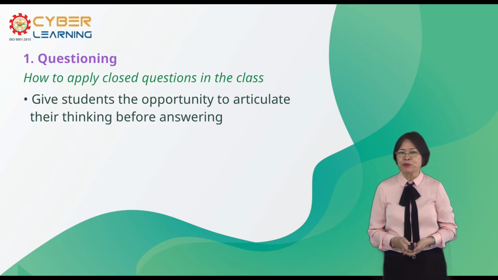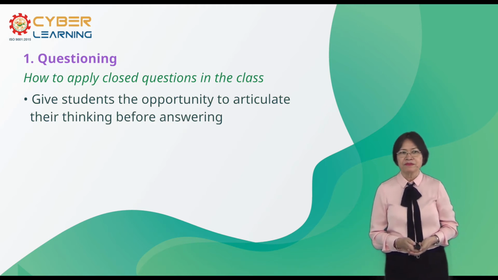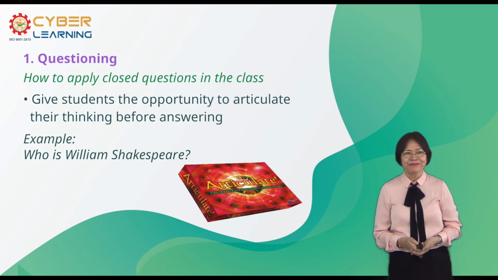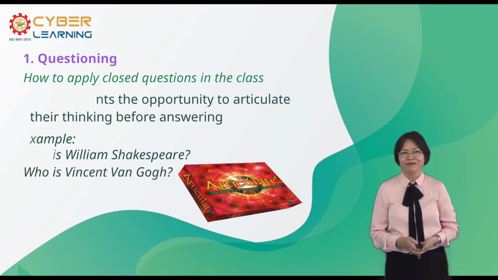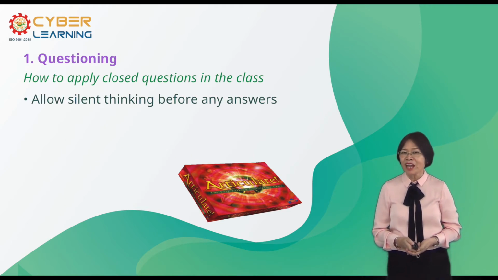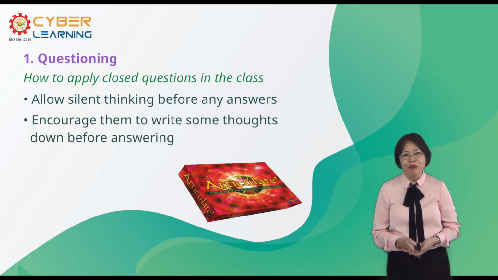Give students the opportunity to articulate their thinking before answering. For example, who is William Shakespeare? Who is Vincent van Gogh? With that, allow silent thinking before any answers. Encourage them to write some thoughts before answering.